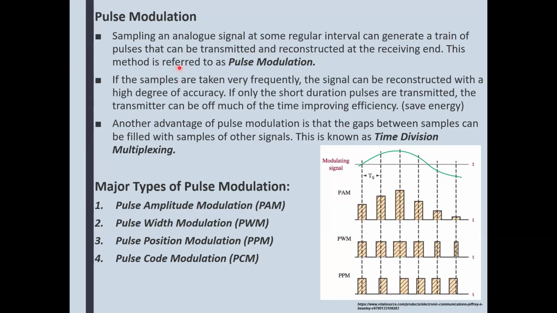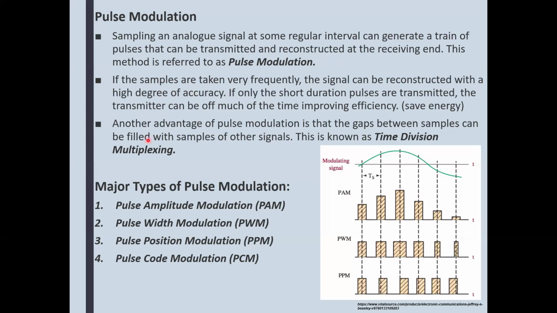This method is referred to as pulse modulation. Snapshot, snapshot, snapshot, okay? If the samples are taken very frequently, the signal can be reconstructed with a high degree of accuracy.